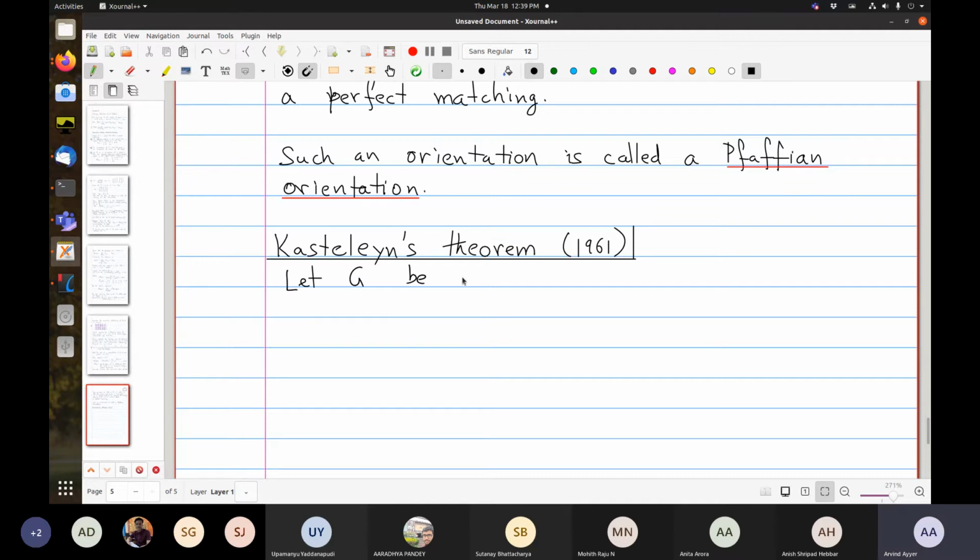Let G be a planar graph, which I will identify with its planar embedding, with any specific planar embedding that you like.